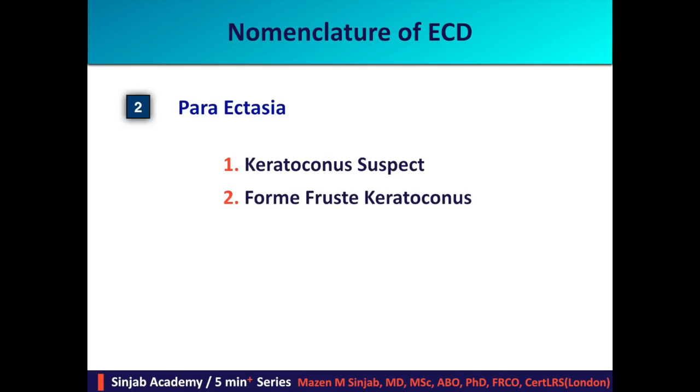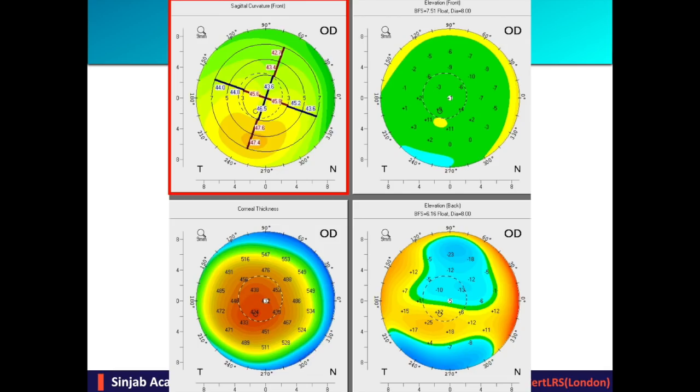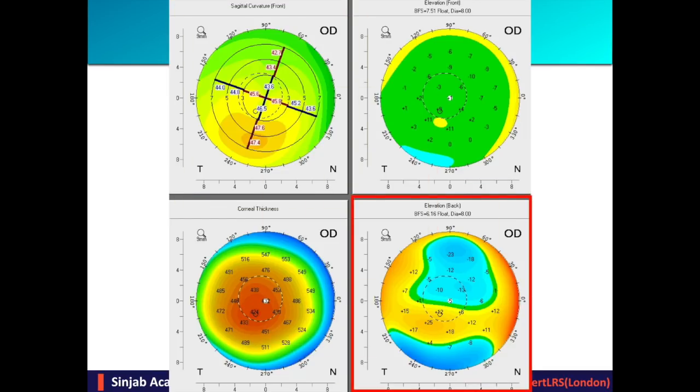Category number 2 is paraectasia, which is keratoconus suspect and form frost keratoconus. In both these terms, we find an abnormal anterior curvature map, but the posterior elevation map is normal. If we look at this elevation map, we find that the value corresponding to the thinnest location is +12, which is normal, and we find the anterior curvature map has an abnormality. What is the difference between these two terms?